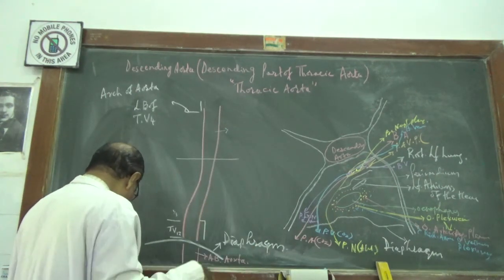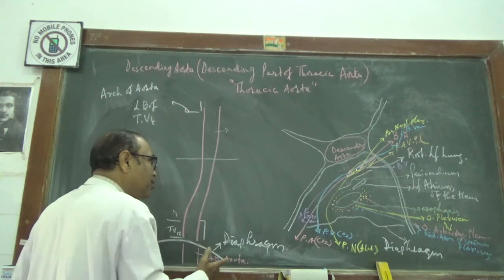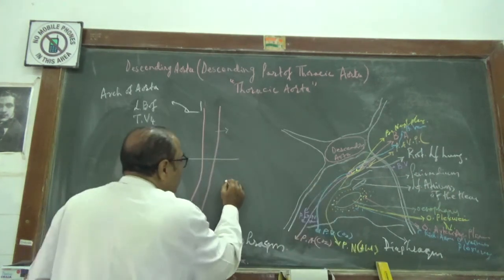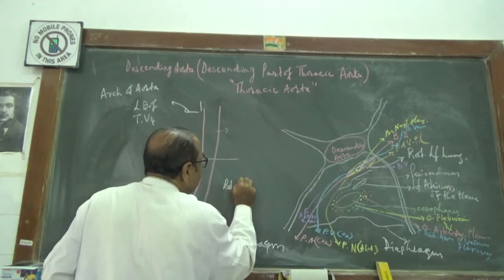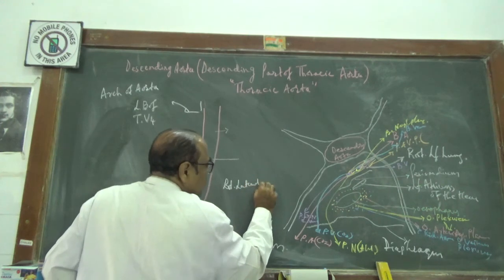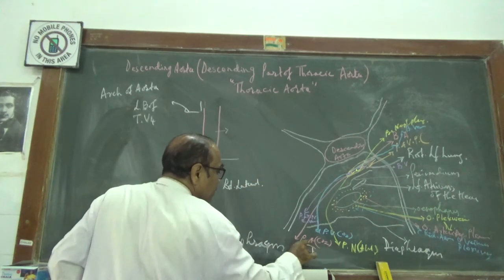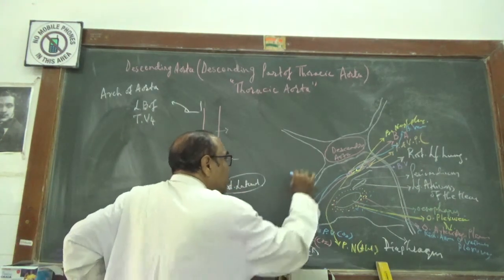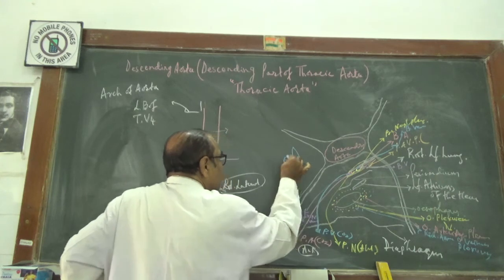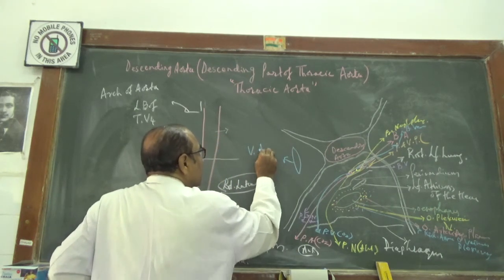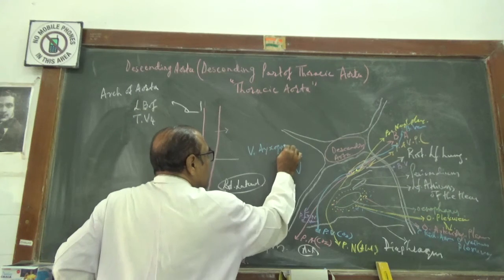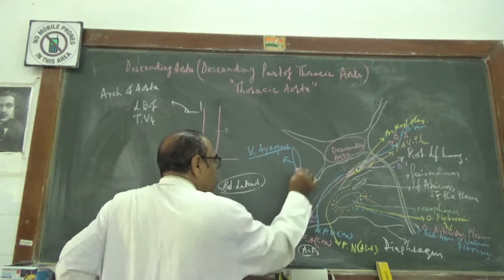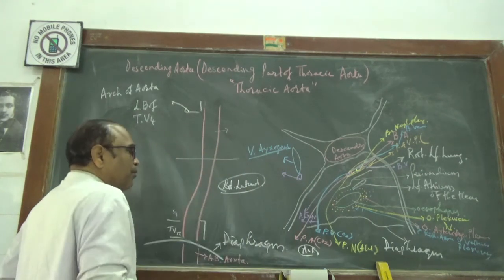Now after that you will get the main important thing on the right side. On the right side, right laterally, this is the anterior relation. On the right laterally, you have the vena azygos. This is the one vein on the right, and then you will have one lymphatic trunk.